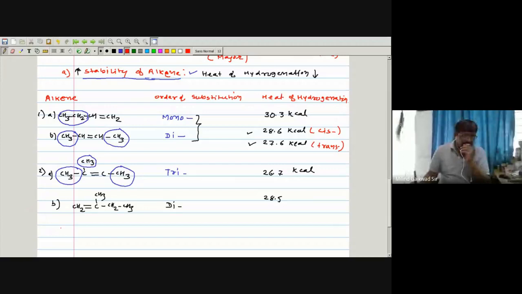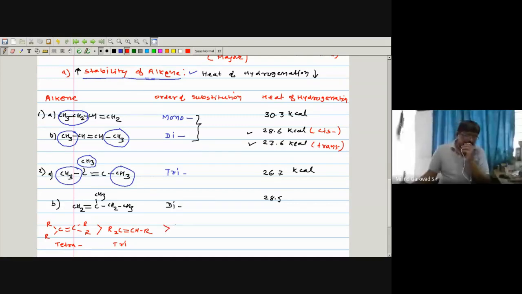I can write here carbon double bond carbon, with R, R, R, R, means tetra, right? Tetraalkene is more stable than the tri. Tri, here I can write R2C double bond CH and R. It is a tri, means there are three alkyl groups, 1, 2, 3.